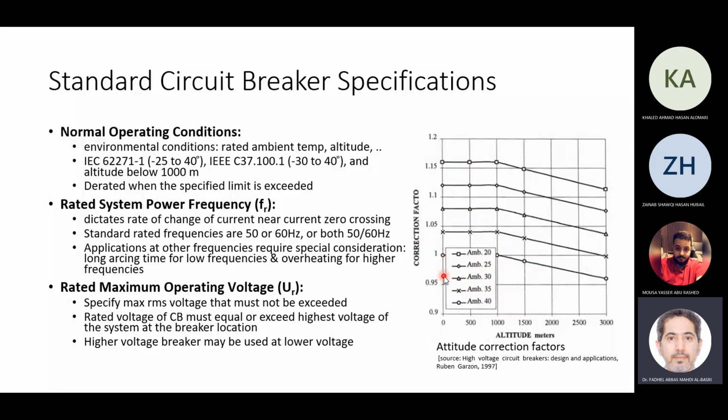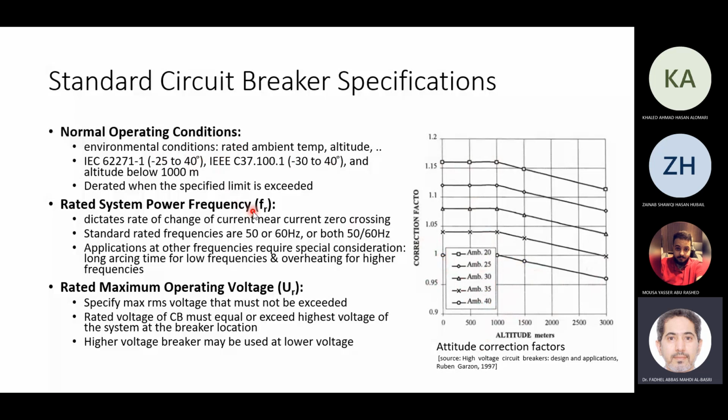So if the temperature or altitude is higher than the maximum values specified by the standards, derating applies. Rated frequency: we have 50 and 60 hertz. Some breakers are rated for 50, some for 60, some for 50 or 60.